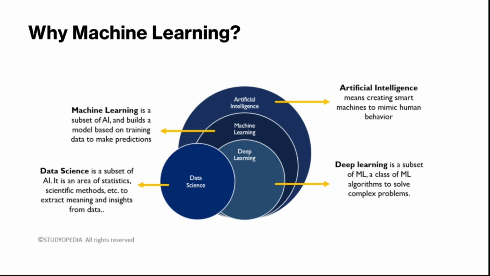Now, a subset of artificial intelligence is machine learning, where your models can look at data, figure out certain patterns, and then make predictions. So it perceives patterns from the data you feed it, and then it gives you a prediction or makes a decision on it.